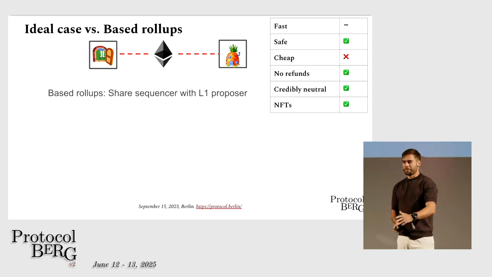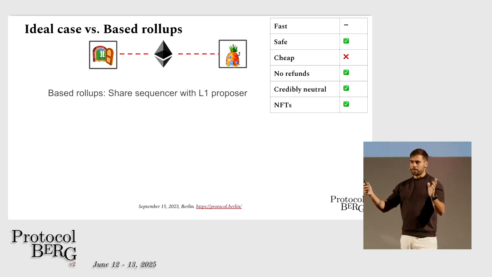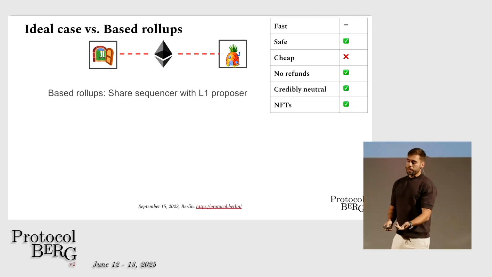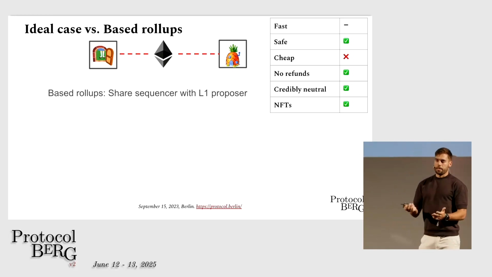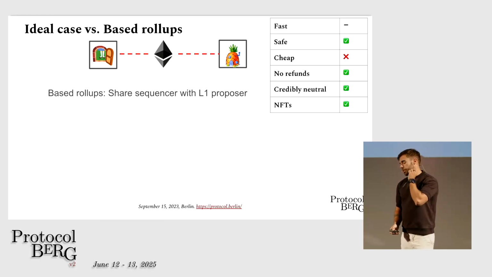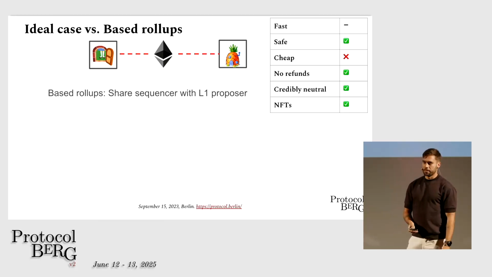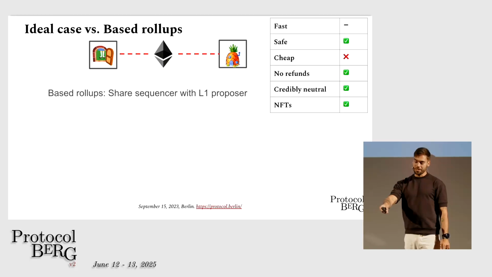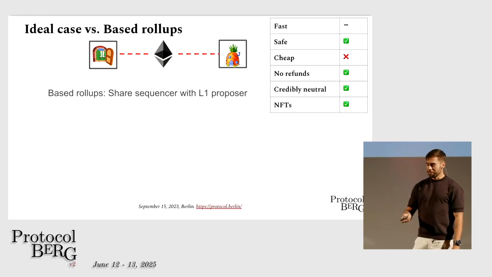And now it's getting closer to what I want to present. A big part of this presentation is to put the differences between the different solutions for this kind of problem. So based rollups is what has been proposed to address some of the issues of credible neutrality for these interrupts between chains. Basically, the idea is to share the sequencer with the L1 proposer, which, not sure if all of you have realized, is actually not needed for this particular problem.